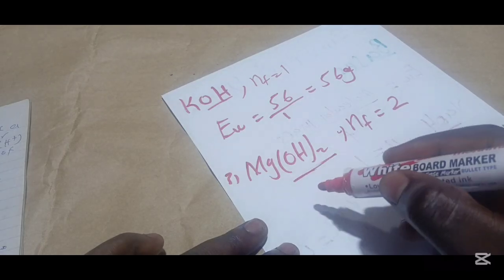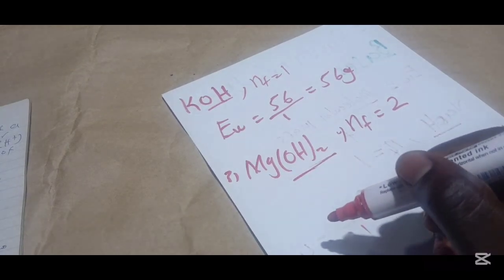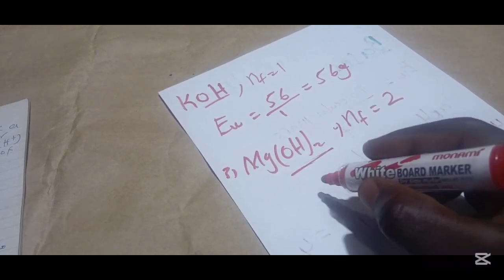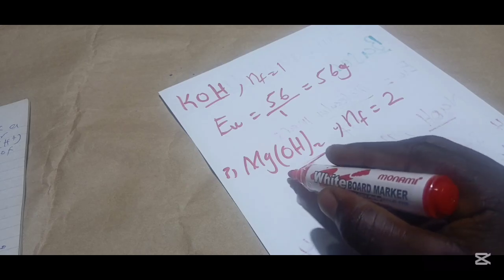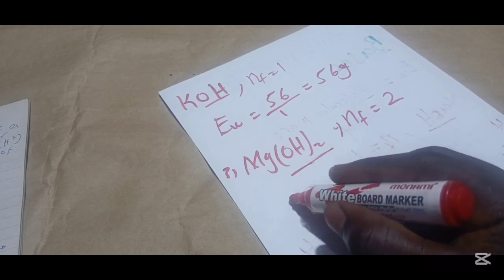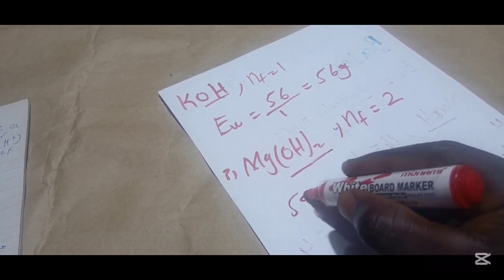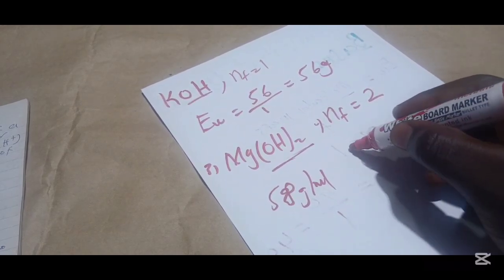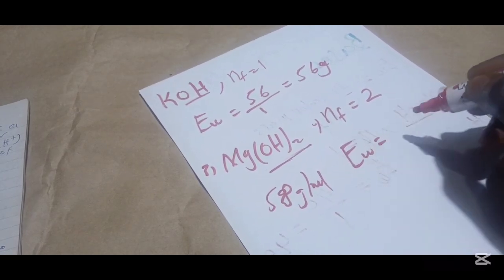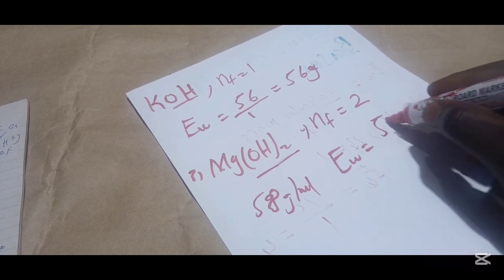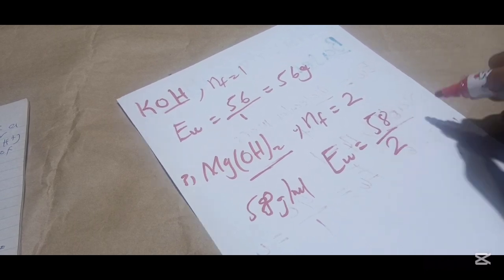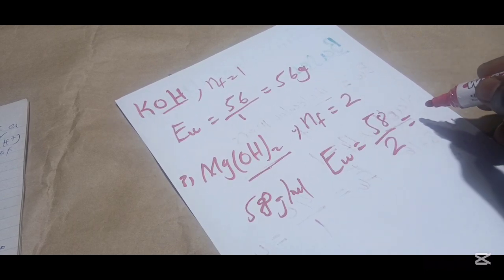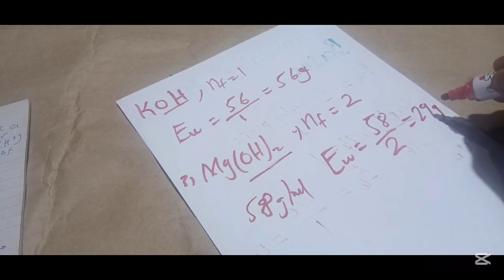The molecular mass of Mg(OH)2 is 58 grams per mole. So our equivalent weight is 58, the molecular mass, over the n factor, which is 2, and this gives us 29 grams.